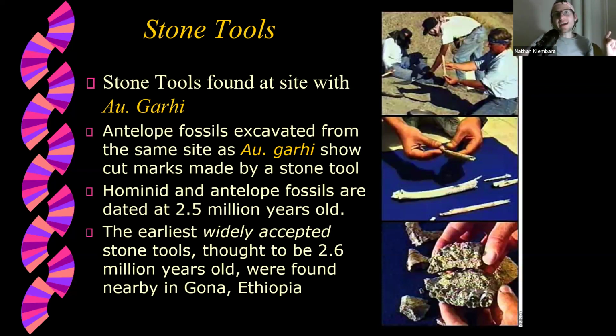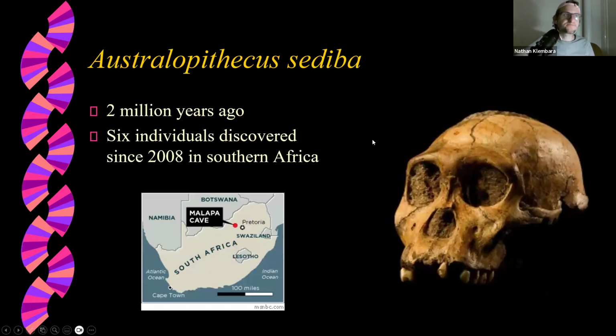And if garhi is a direct descendant of afarensis, then this whole line of afarensis and garhi are making stone tools, which means that stone tool making is not just our genus, but another genus as well. When we get to the next module, you'll see why that is going to become a big debate when it comes to naming species and phylogeny.